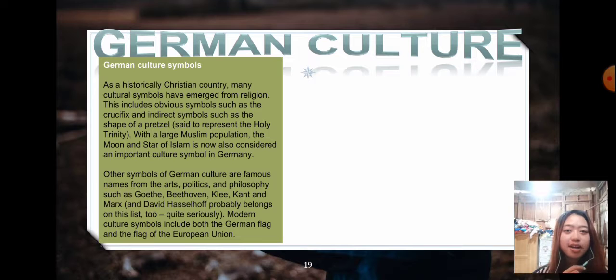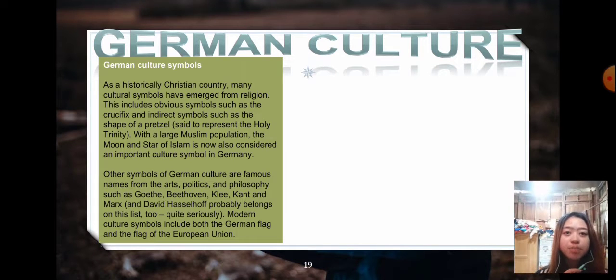As a historically Christian country, many cultural symbols have emerged from religion. This includes obvious symbols such as the crucifix, and indirect symbols such as the shape of pretzels said to represent the Holy Trinity.